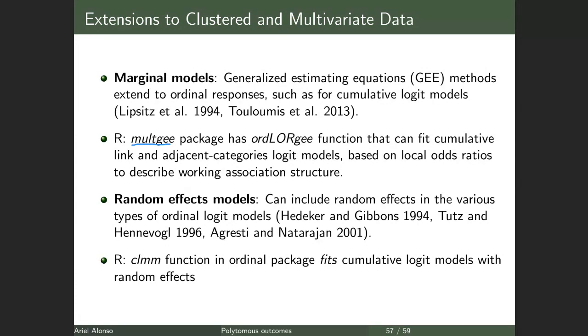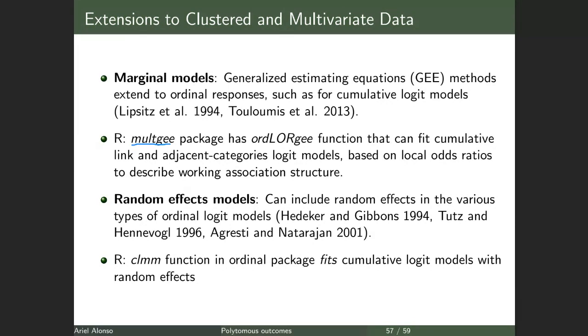There is also something that is called random effects models. We are not going to see this type of models, but if you have, for instance, longitudinal data and your response variable is ordinal, so you're measuring patients repeatedly over time, and at each time moment, you get a response about symptoms or quality of life, and quality of life may be excellent, more or less, and bad, for instance, and you're measuring this repeatedly over time, then you can extend these cumulative link models we have seen today, these proportional odds models, but now you need to include random effects.